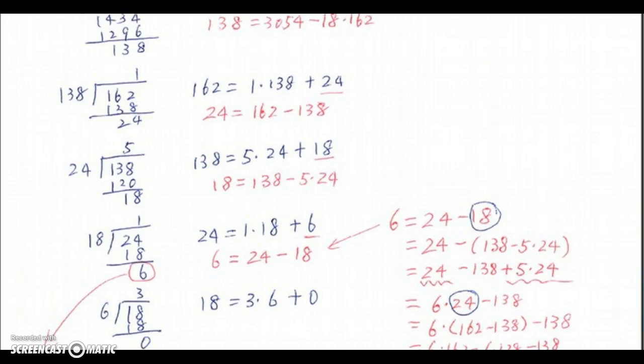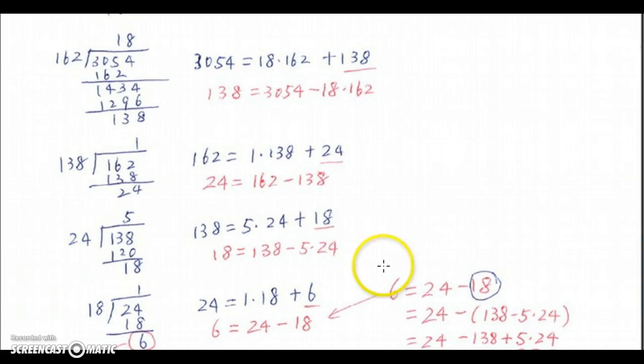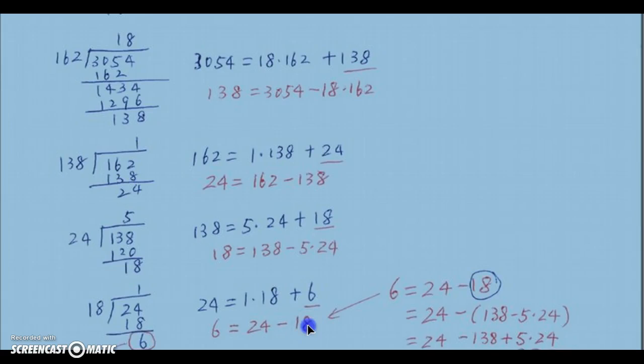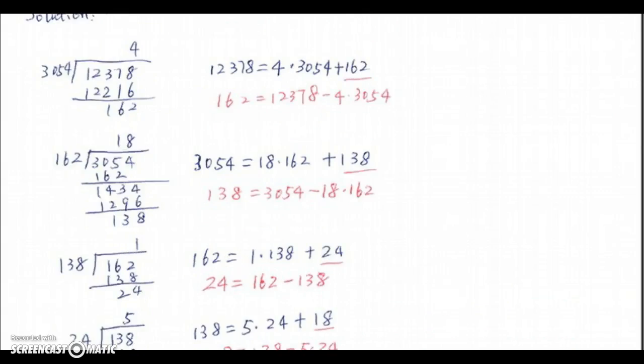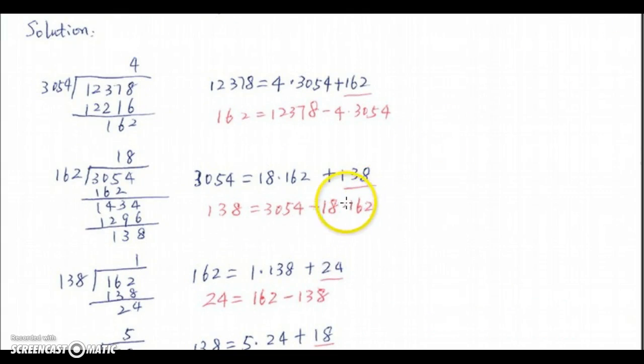So the idea is just, when we have all these expressions, just keep plugging back. So the previous expression, replace this 18 by the expression, and then replace 24 by this expression, and then we will get rid of 24 and 18, and then we will have 138 in there, and then we replace 138, and then we will have 162 in there, and then we replace 162.